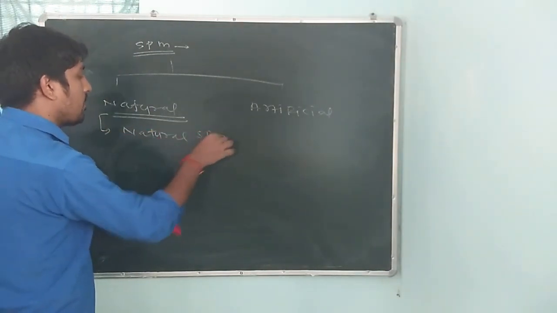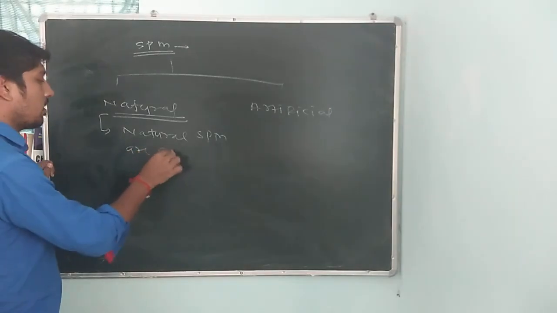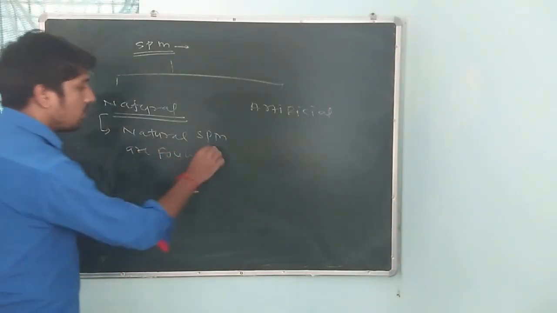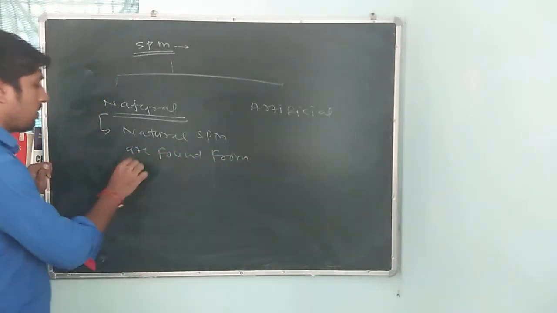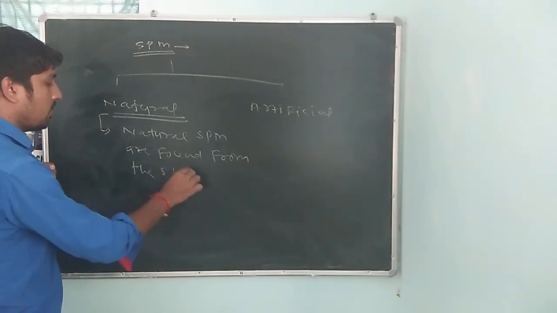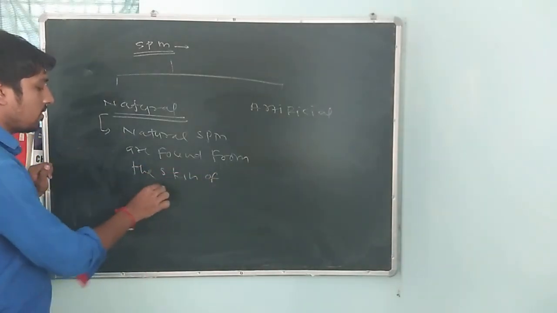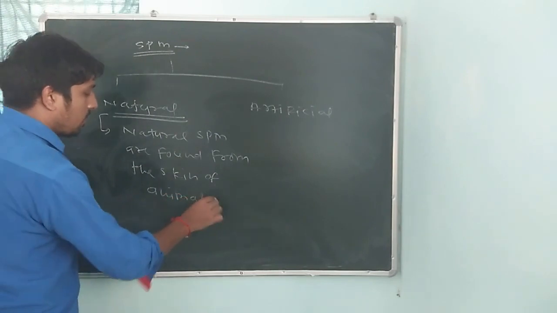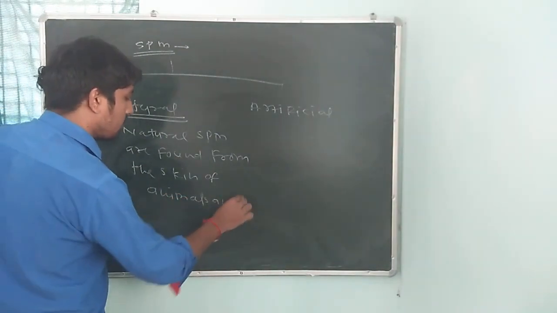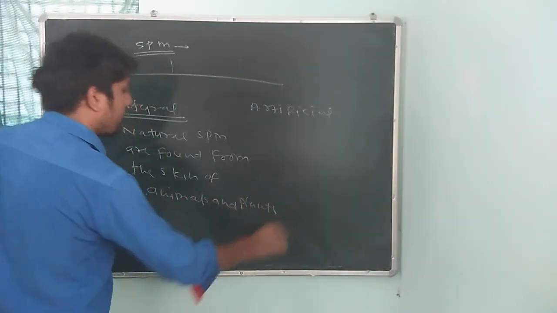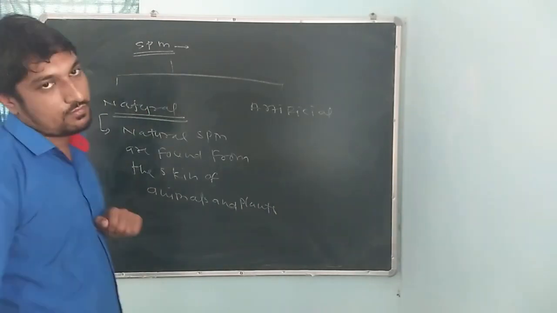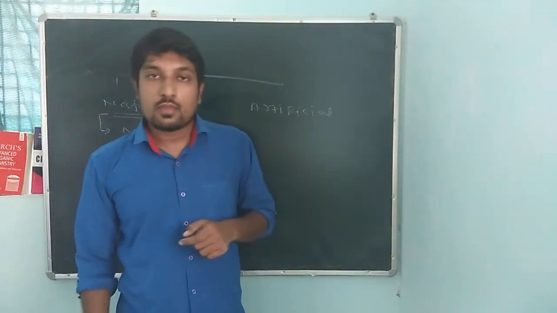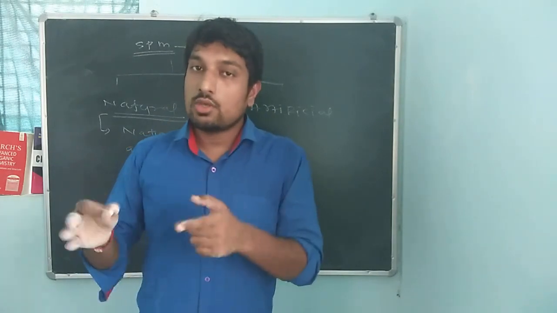Natural semi-permeable membranes are found from the skin of animals and plants.